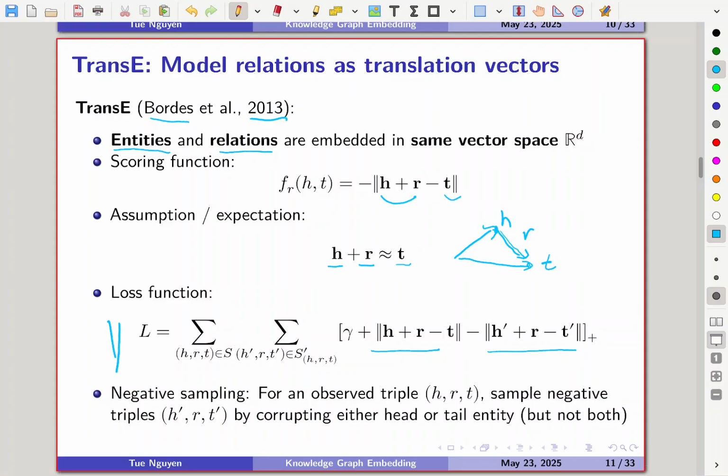So here is the process of generating negative samples. We start with an observed triple (h, r, t), and we corrupt either the head or the tail by replacing it with a random entity. But we replace only one of the head or tail, not both.